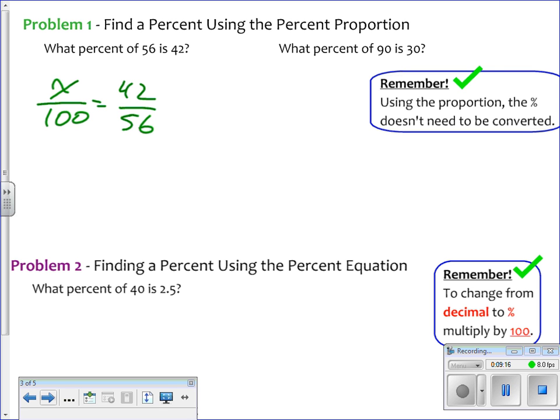I'm going to go grab a calculator because I'm not doing this one in my head. If you do long division, you don't have to do it in your calculator. I'm not doing that either. So 56x equals 4200 because you cross multiply. Divide both sides by 56.